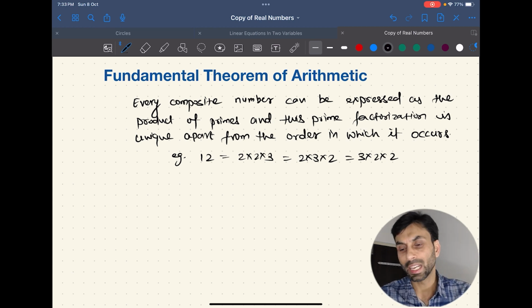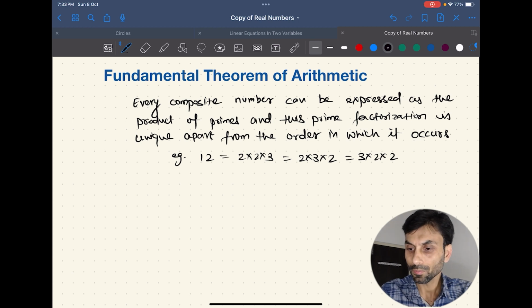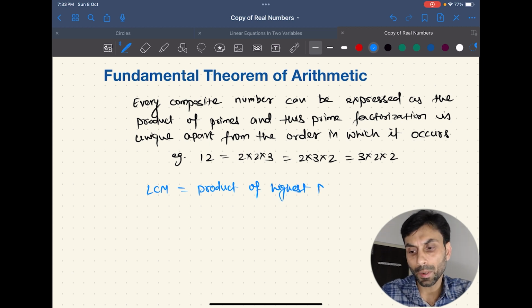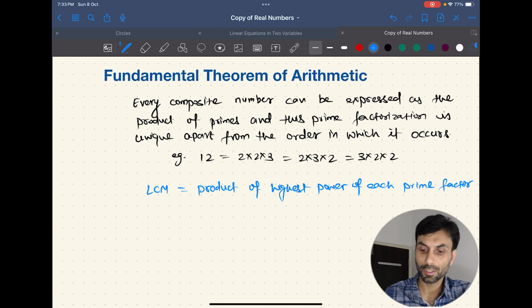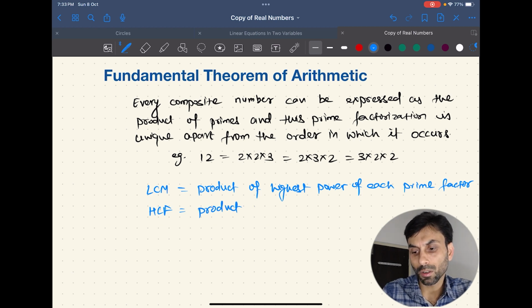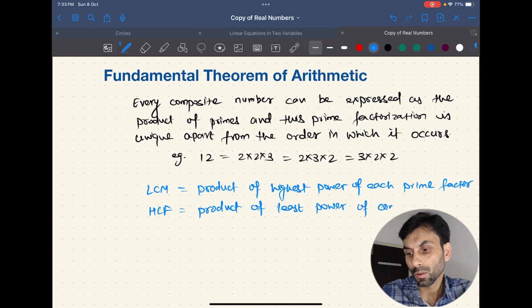How will we find the LCM and HCF of numbers? The LCM we'll find by taking the product of the highest power of each prime factor of all the numbers, and the HCF will be the product of the least power of common prime factors.